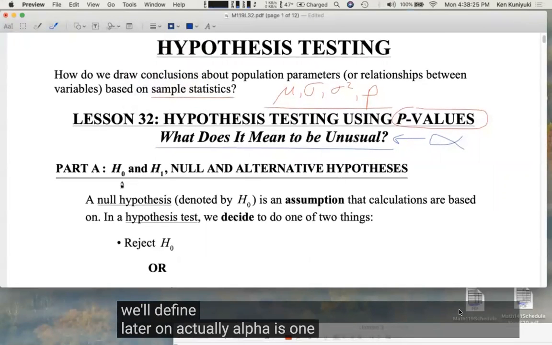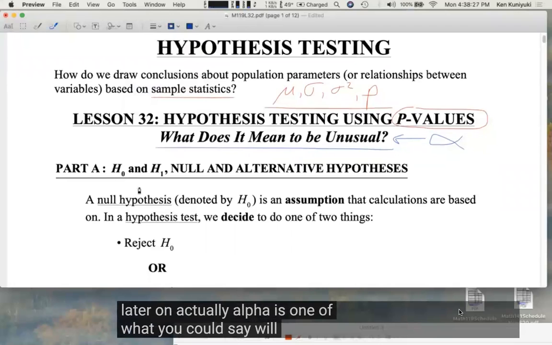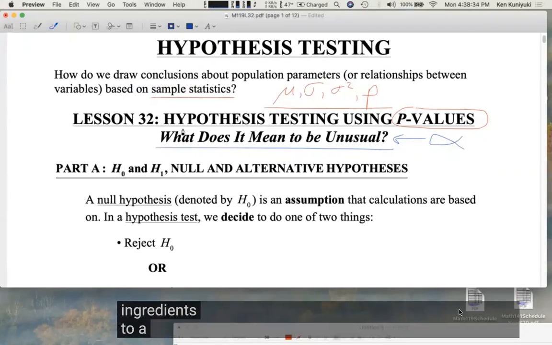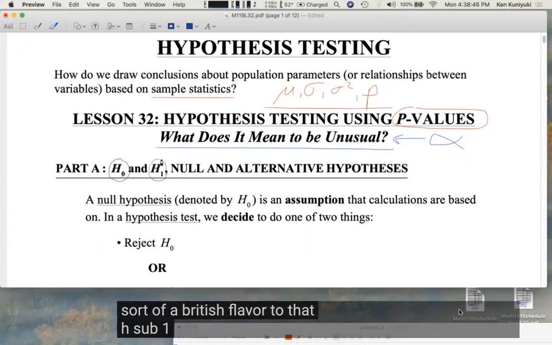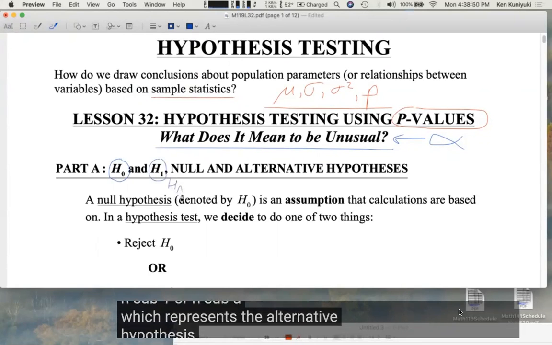Actually, alpha is one of what you could say are 3 ingredients to a hypothesis test. What are the 3 ingredients to a typical hypothesis test? A null hypothesis, labeled H sub 0 or H naught, sort of a British flavor to that. H sub 1 or H sub A, which represents the alternative hypothesis.